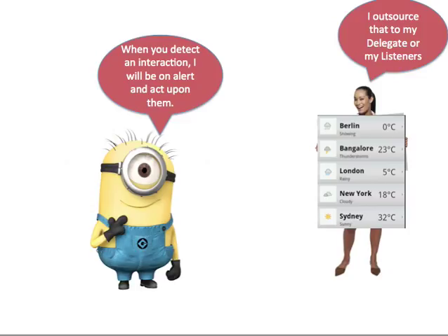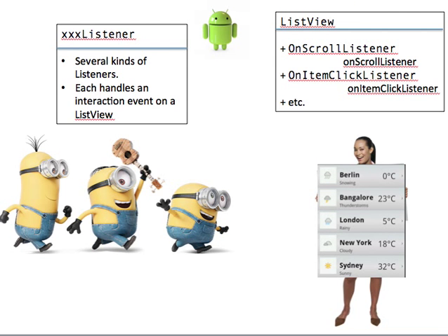Now this model differs a little bit between iOS and Android. For Android, you have your list view that has a bunch of listeners, member variables of type onScroll listener, on item click listener, and other listeners for different events of the table, right? So scrolling, clicking on an item, right?